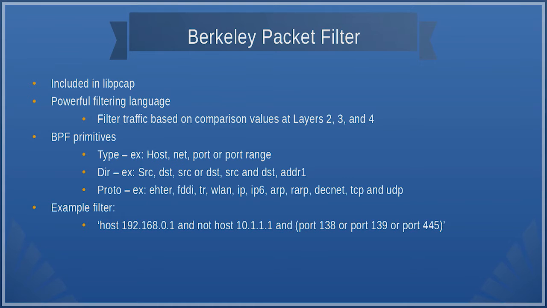It tells you that you want to capture all the packets from host 192.168.0.1 that are not related to 10.1.1.1, but the ports on which the data packet or the software operates are 138, 139 or 445. So, it will capture all these packets.